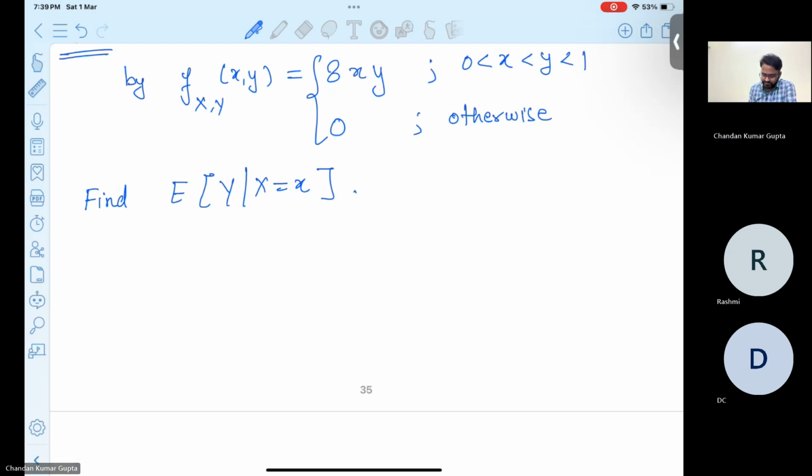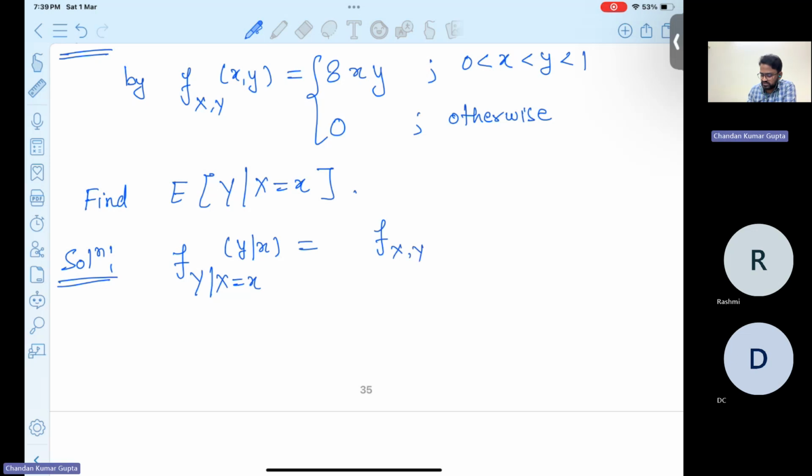So we first need the conditional of y given x equal to x, which is defined as the joint divided by the marginal.